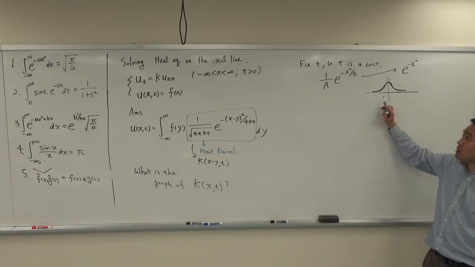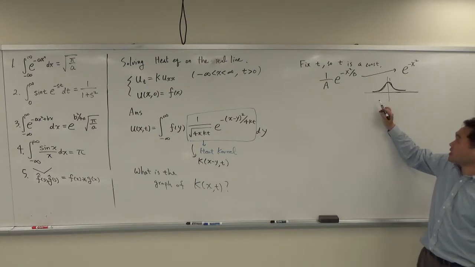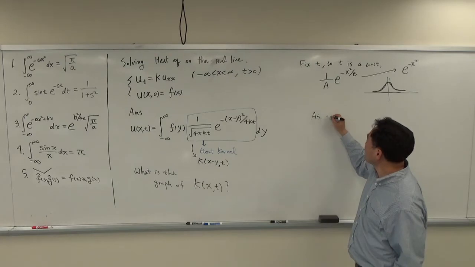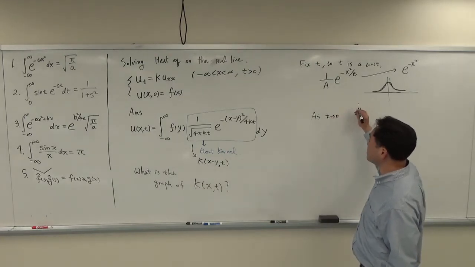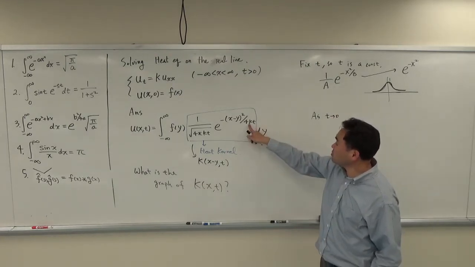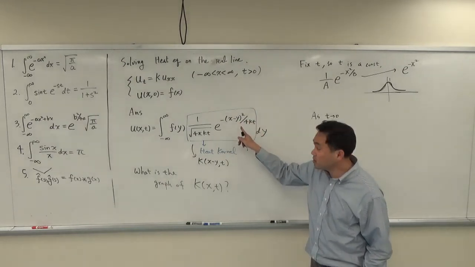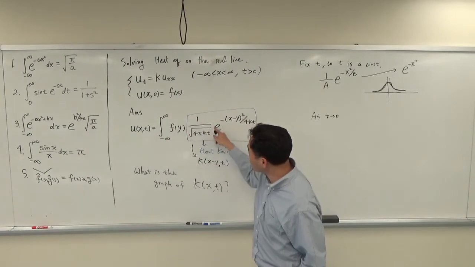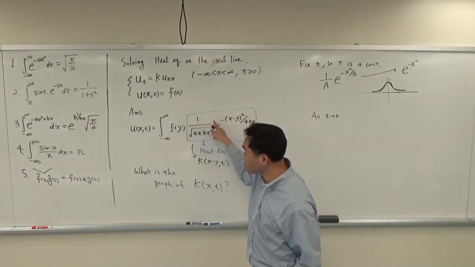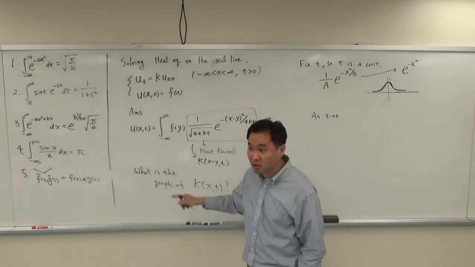And what happens is that as t goes to 0, this becomes very small, making this large. And this also becomes very large, because t is in the denominator. This overall becomes a very large value.